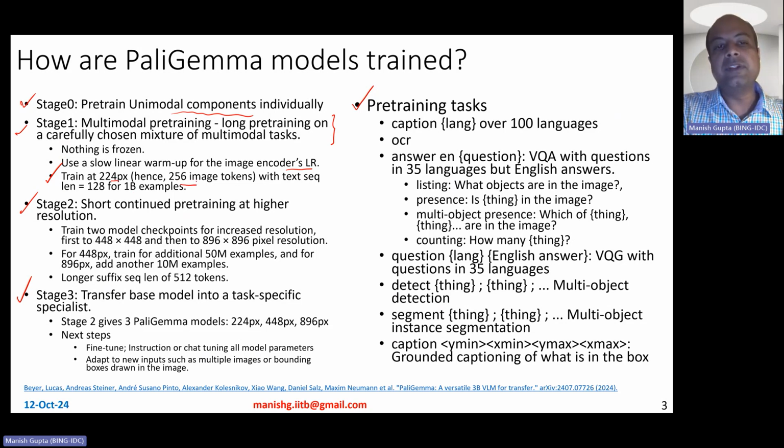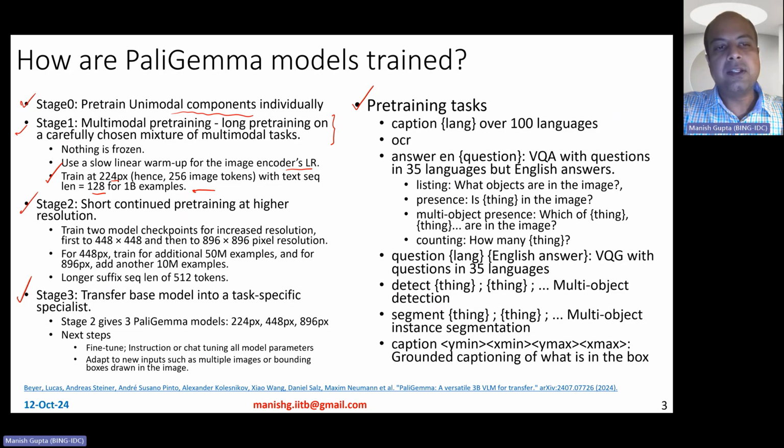So 256 image tokens, and a maximum text sequence length of 128, with 1 billion examples. Okay, so 1 billion examples, slow warm-up for the image encoder, 224 pixel resolution, 256 image tokens to represent the image, and the text is represented using 128 tokens.